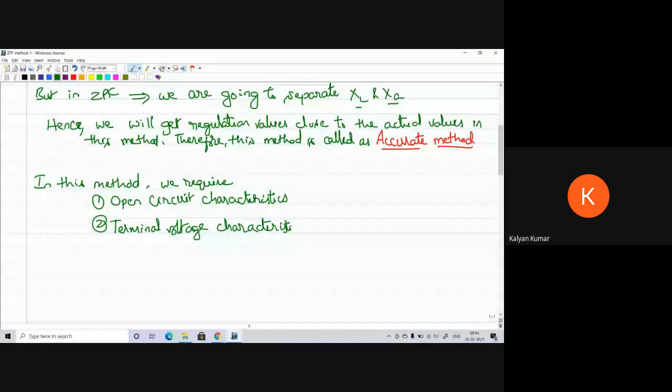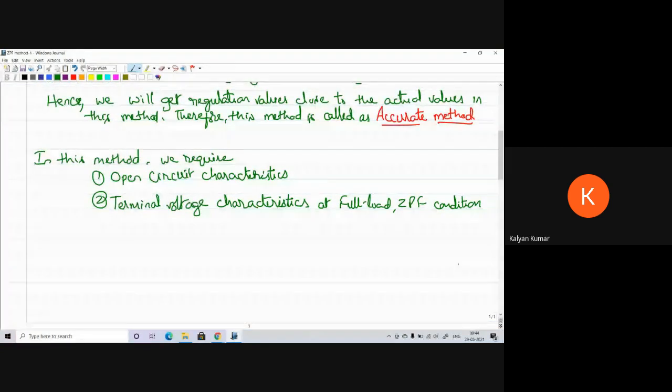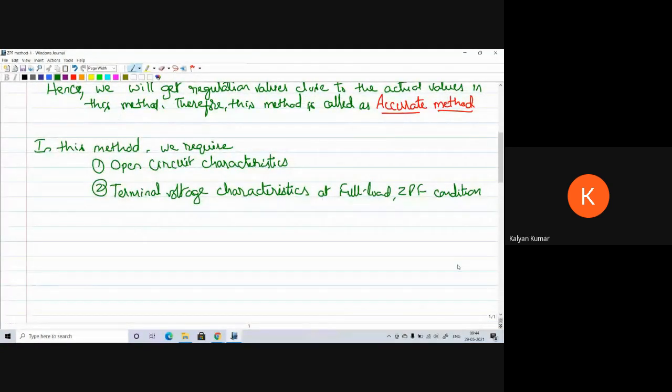These terminal voltage characteristics should be plotted at full load, zero power factor condition. The terminal voltage characteristics we have to know at full load, zero power factor condition. When you know these two characteristics, then we can find out the regulation by the ZPF method.